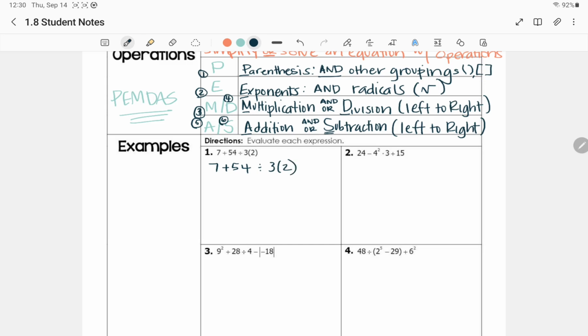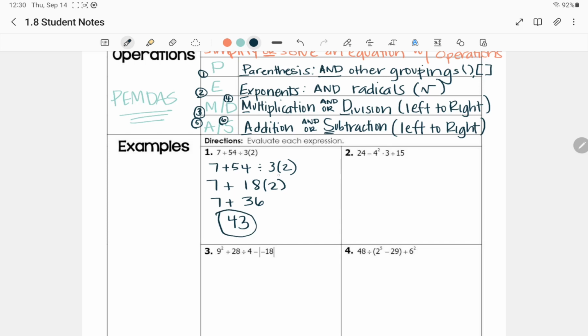But it says you don't have to do multiplication before division. You do left to right. And since it's 54 divided by 3, we do that first. So it's 54 divided by 3, which would be 18. And then we still have the 2 in parentheses. So then it's 7 plus 2 times 18 is 36. And then 36 plus 7 is 43. And so my answer is 43.